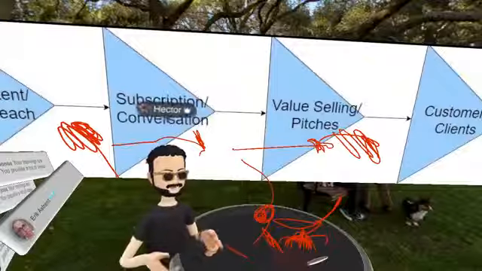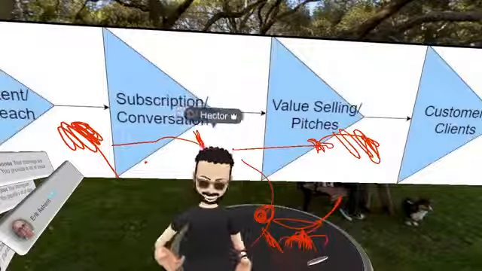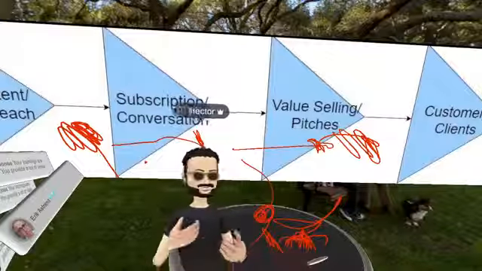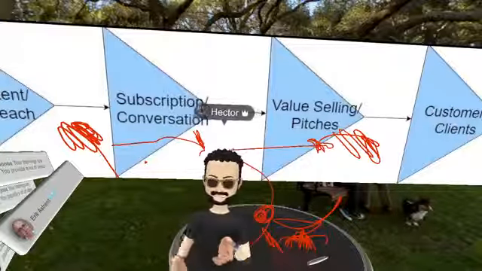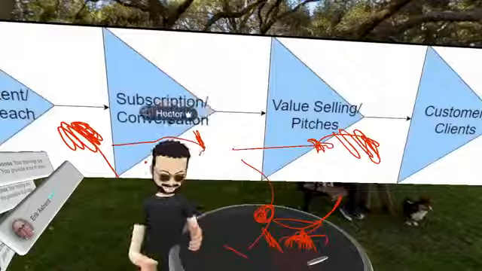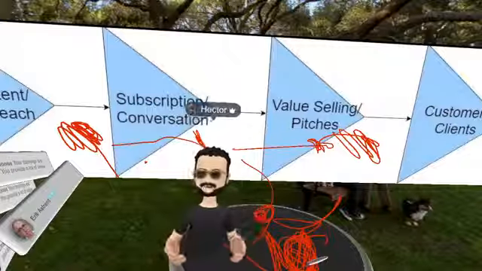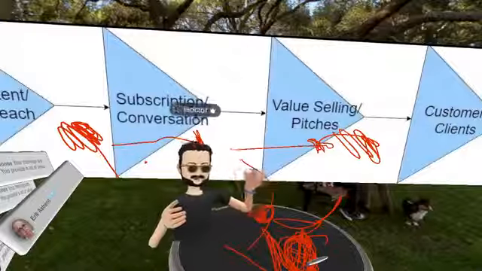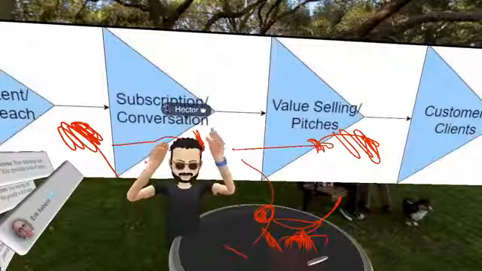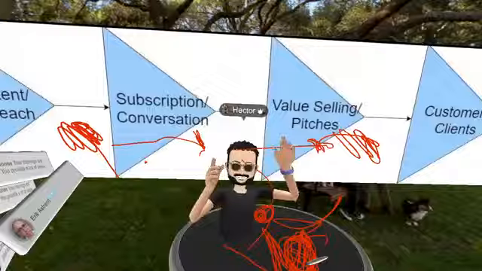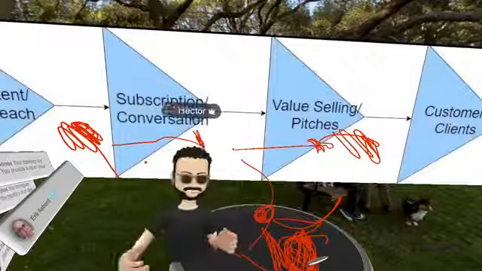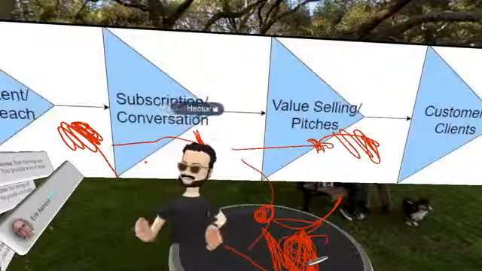They're thinking about what's in it for them. How much is it going to cost? What are they going to get out of it? What are they going to have to put into it? What's the amount of time or commitment they're going to have to put in? These are all the questions being had in this conversation that eventually need to be finalized in this pitch. So that's kind of what we're talking about as well.